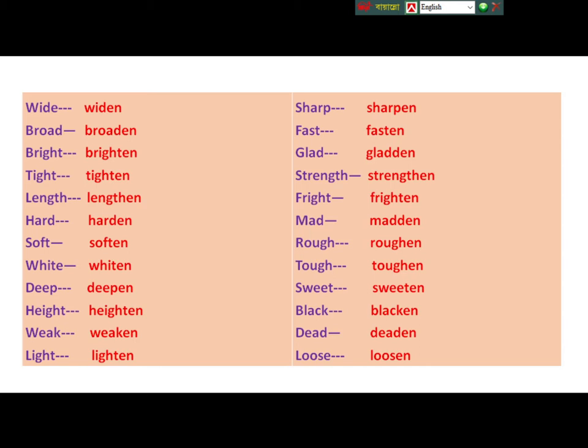Here is the answer: wide, widen, broad, broaden, bright, brighten, tight, tighten, length, lengthen, hard, harden, soft, soften, white, whiten, deep, deepen, height, heighten, weak, weaken, light, lighten, sharp, sharpen, fast, fasten, glad, gladden, strength, strengthen, fright, frighten, mad, madden, rough, roughen, tough, toughen, sweet, sweeten, black, blacken, dead, deaden, loose, loosen.